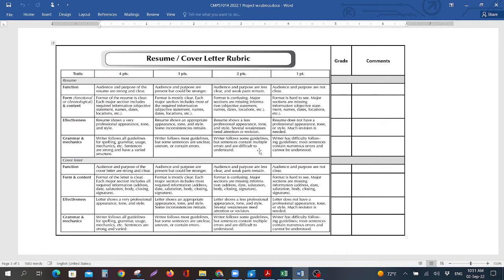So you want to make sure that your alignment is proper, that you have good spacing, and that it's consistent throughout, so that the resume actually shows a standardized format. For your grammar and mechanics, you follow all rules for spelling, grammar, usage, and mechanics. So you want to make sure that you have no red squiggly lines under any words.